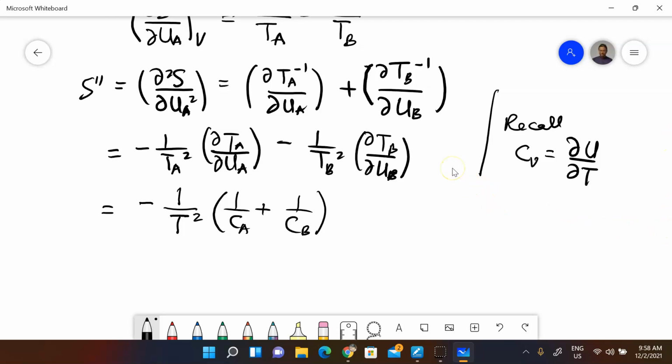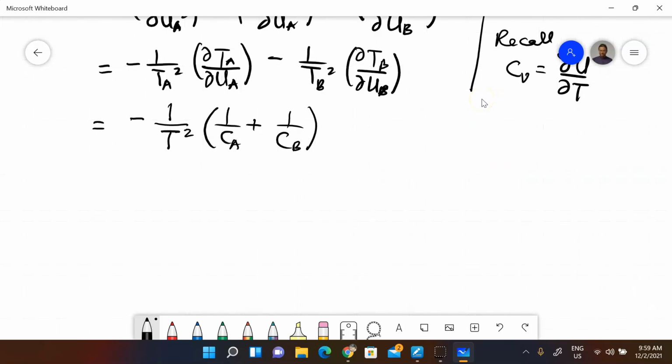What happens is when you consider say two bodies in equilibrium, normally there'll be one subsystem, for example a heat bath, where your heat capacity is very big compared to the other subsystem which you are interested in.